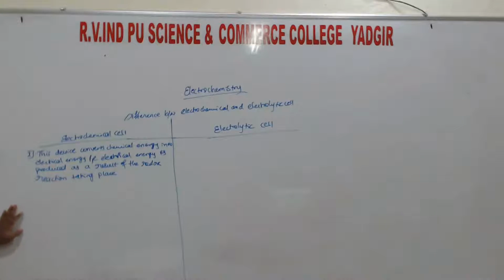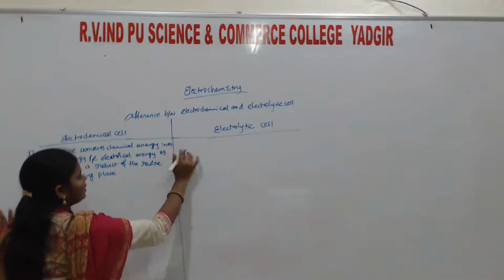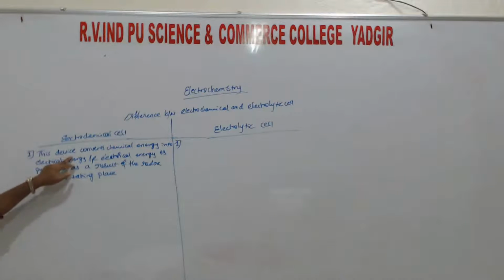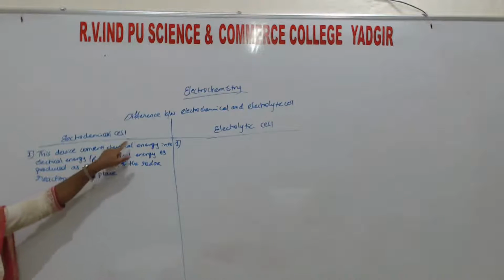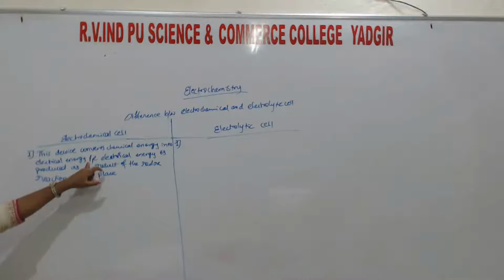In the electrolytic cell, the first difference is that this device converts electrical energy into chemical energy.